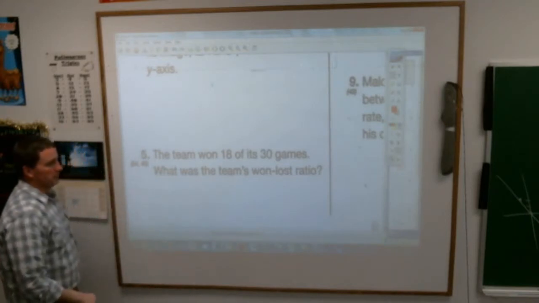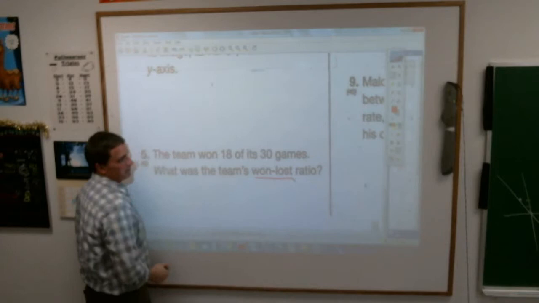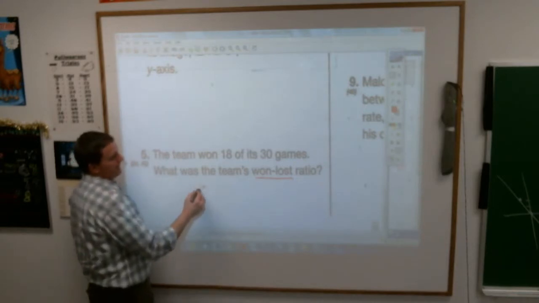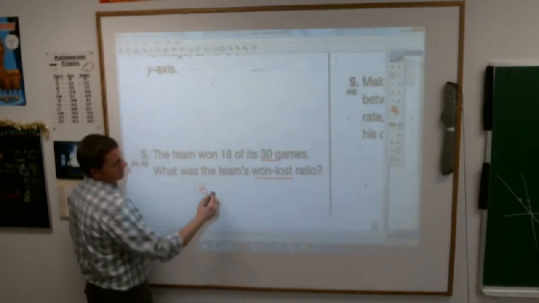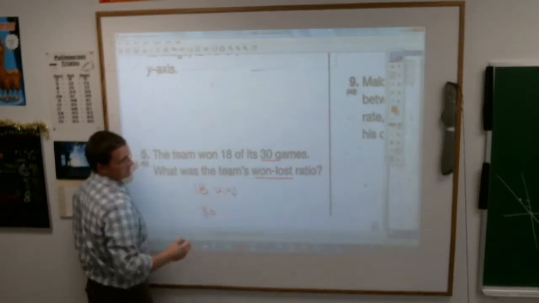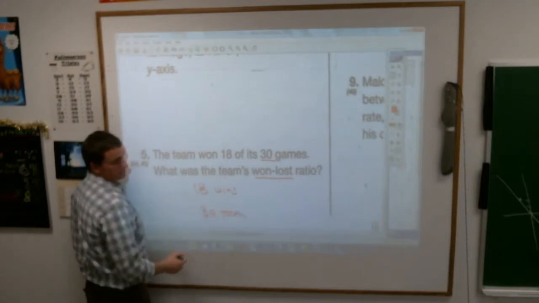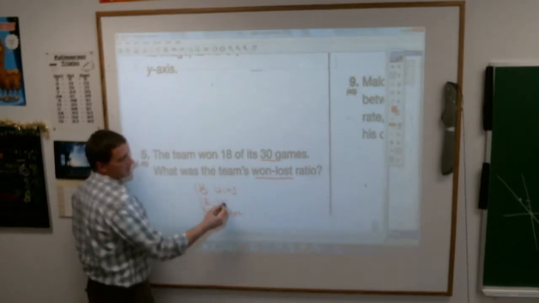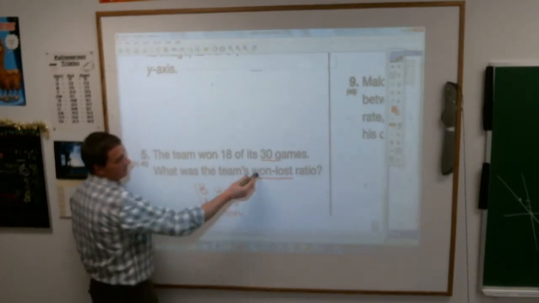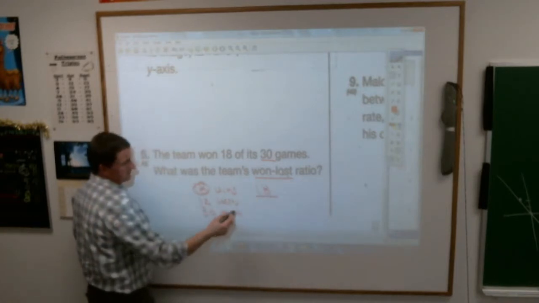Well, I'm going to guess that you didn't use the right ratio. You're looking for the win to loss ratio. If you win 18 games and you play a total of 30 games, you have 18 wins, how many losses? 12. Because if you didn't win a game, you lost the game. So it's 18 wins, 12 losses, and they want the wins on top, over the losses on the bottom.